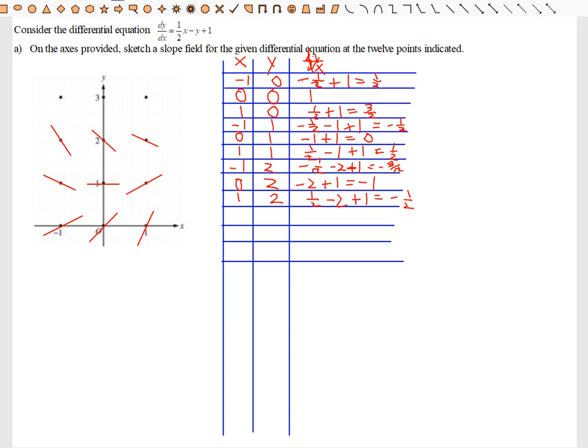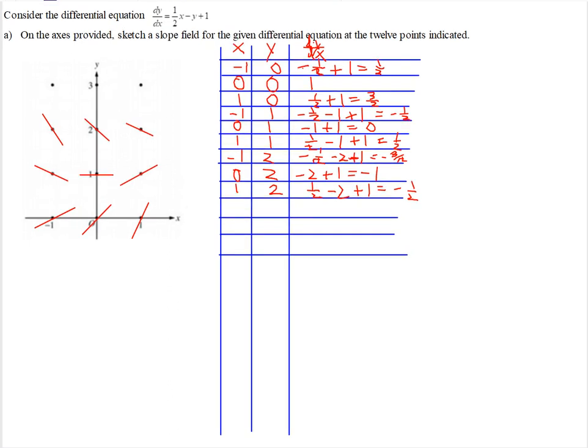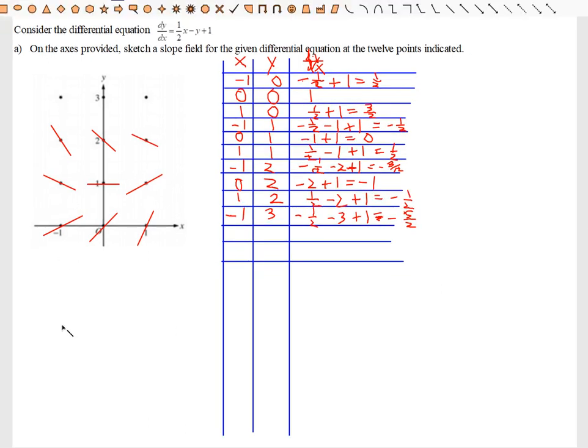And then last row here, -1, 3 gives you -1/2 with x, and then -3 plus 1. So the -3 plus 1 is -2. And then -1/2 minus 2, that's -5/2, -2.5. So that one would be down 5, right 2. So notice this was -3/2, so a bit steeper than that one.